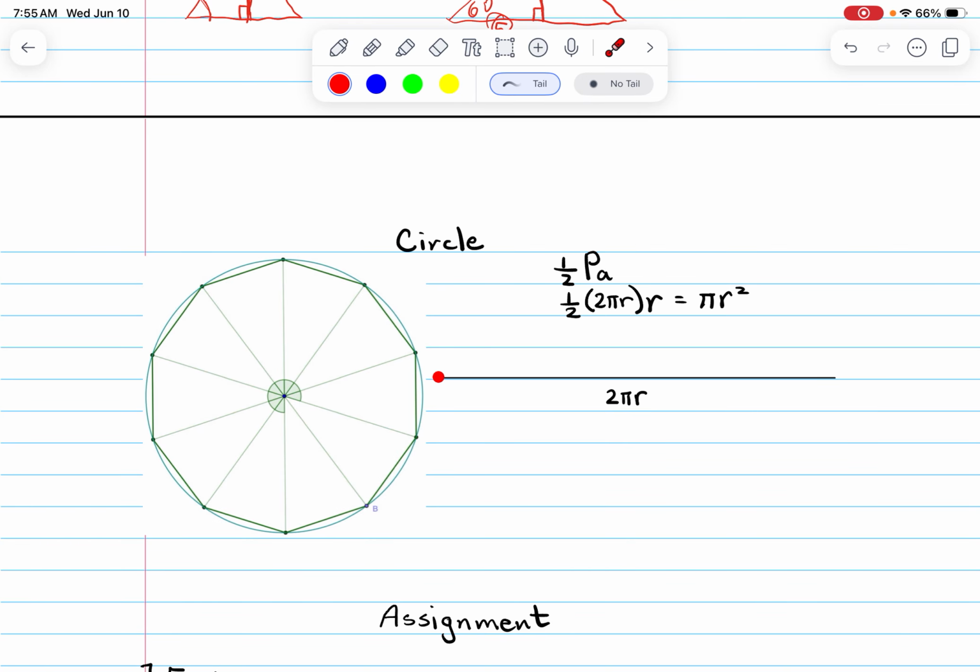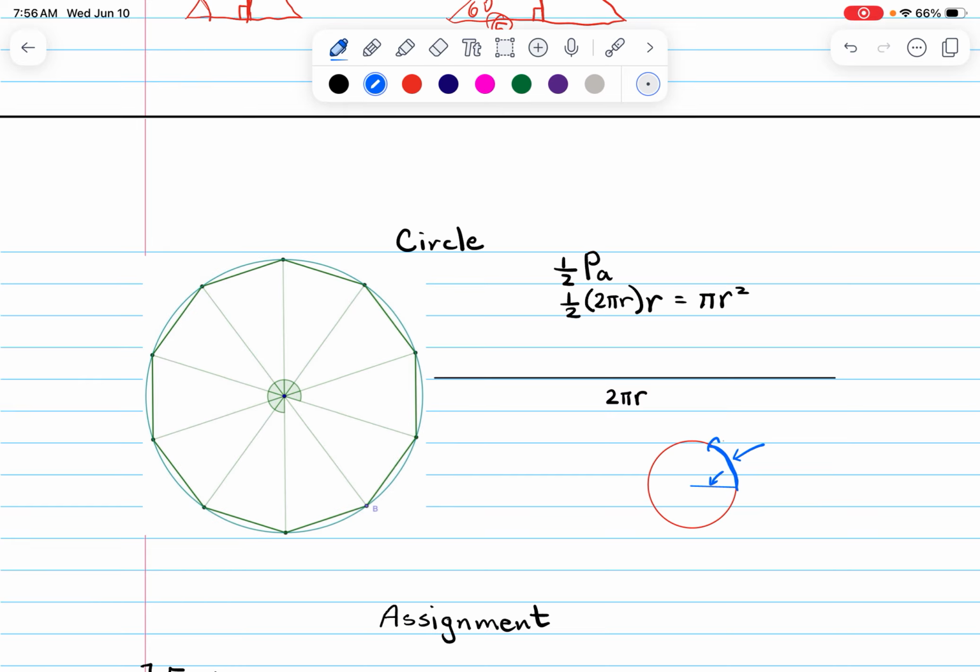A circle's perimeter, the circumference of a circle, is 2 pi times the radius. Now, where did we get that? Let's just look at a circle. If you take the radius of a circle and put that length along the arc of the circle, let's suppose this and this are the same length.